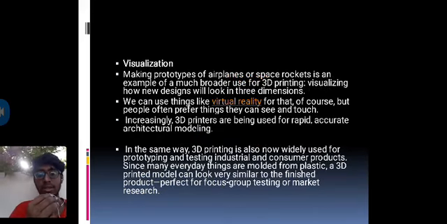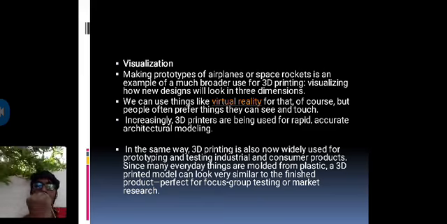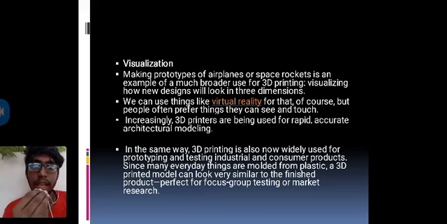Okay, next, the final application of 3D printing: visualization. Visualization is what I explained in all the above objects. We can visualize how the object will look. If we take these glasses as a prototype, we can see how they look, how they fit my eyes, how they fit my nose.